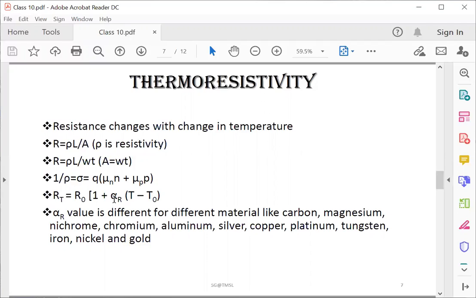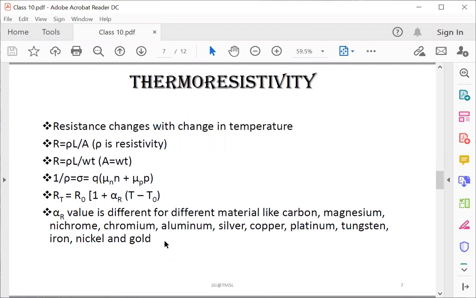For example, you have materials like carbon, magnesium, nichrome, chromium, aluminium, silver, copper, platinum, tungsten, iron, nickel, and gold, etc. These materials are frequently used in many microsensors, in MEMS, or in any VLSI design also. Gold has the highest temperature coefficient, but this particular material you cannot use, for a certain reason.